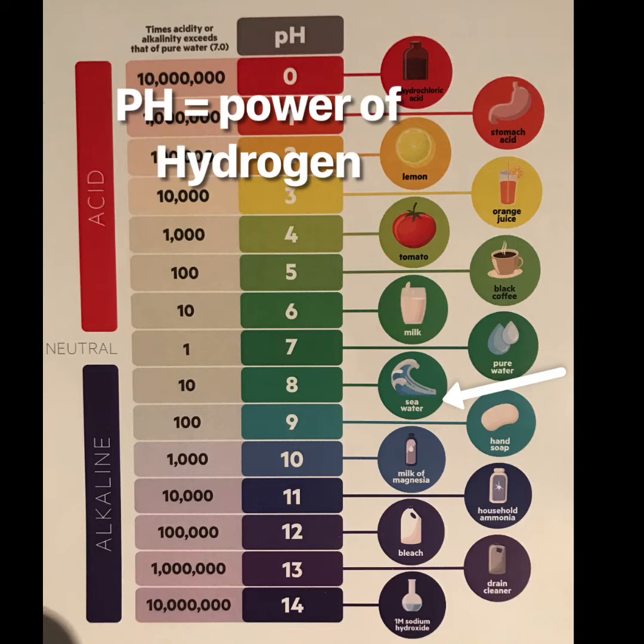So for every number that you head up towards 0, for example, between 4 and 3, there is a 10 times higher increase in the acidity than at 4. Same thing if you head down the scale between, say, 10 and 11. Number 11 is 10 times more alkaline than number 10.